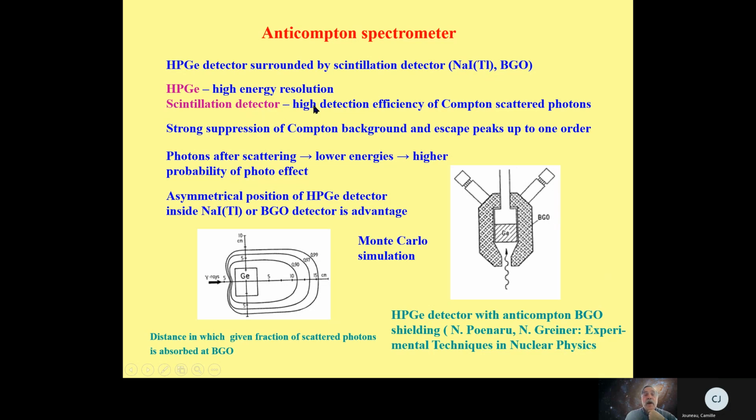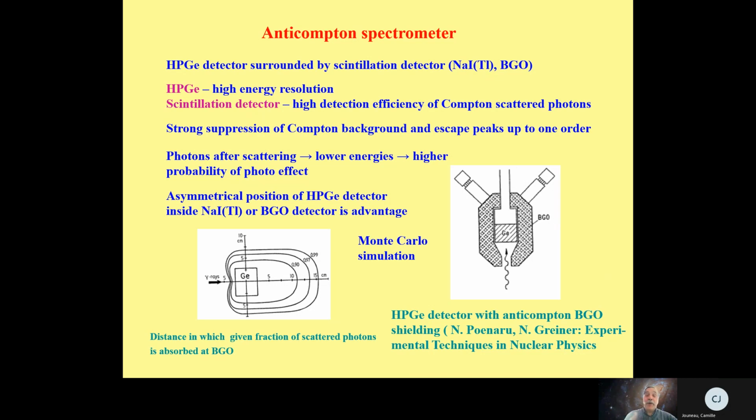Scintillation detectors have high detection efficiency of Compton scattered photons. It is given also by this because if gamma is scattered by Compton scattering, the energy of this scattered photon will be smaller than the energy of the primary photon.